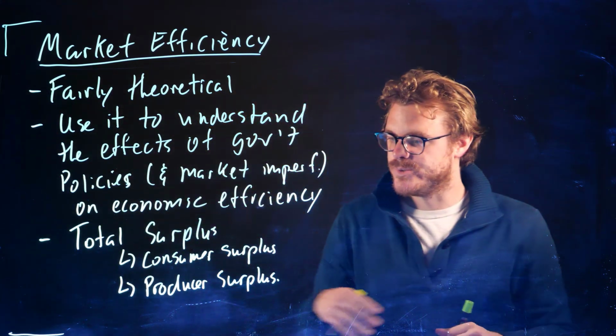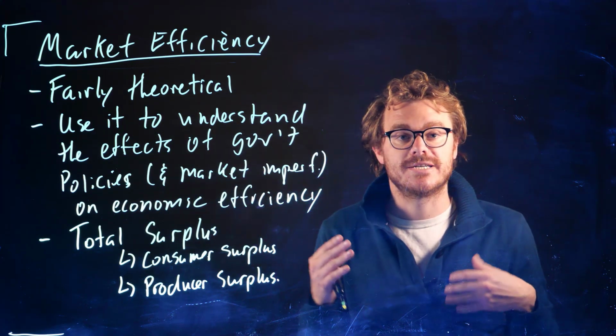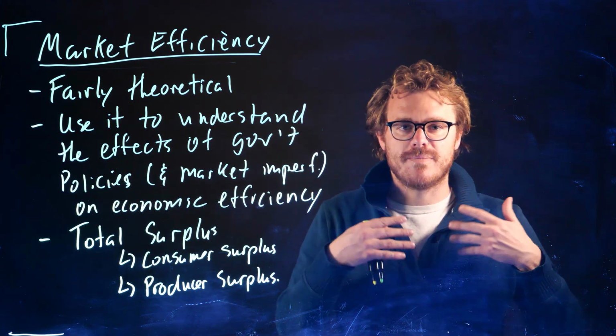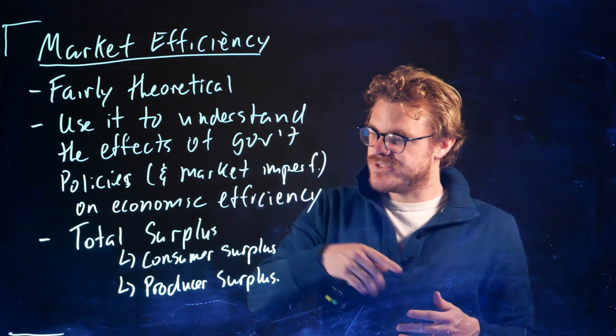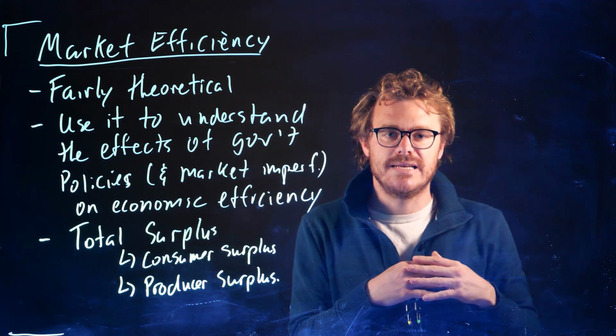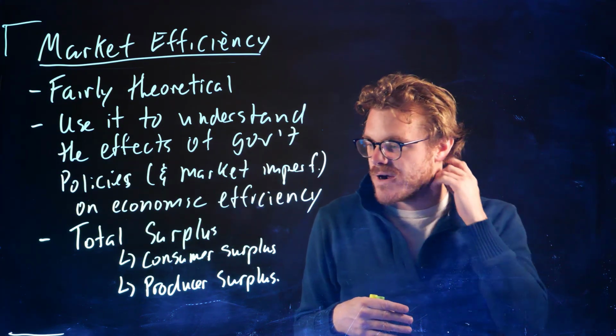We can think about consumer surplus as the gains to consumers or buyers from participating in this market. We're going to start thinking about the demand curve, about willingness to pay, and the consumer surplus is really going to cover what they're willing to pay versus what they need to pay, and summing that up over all buyers in the market.